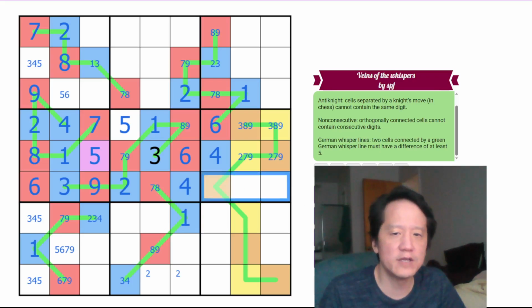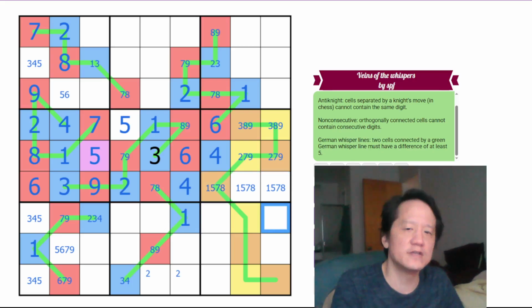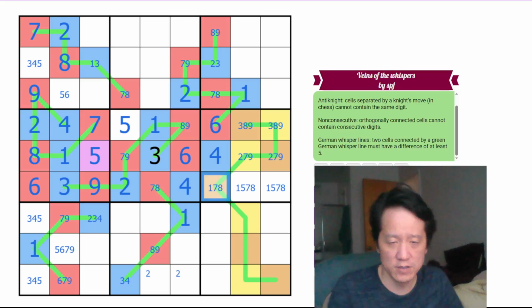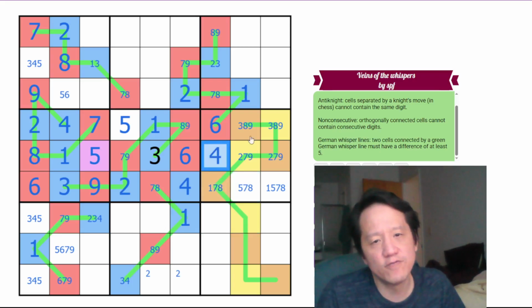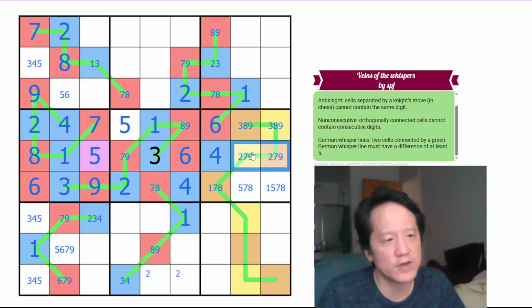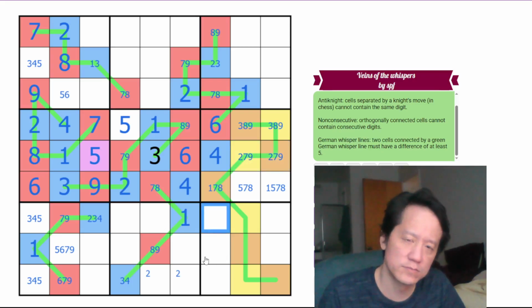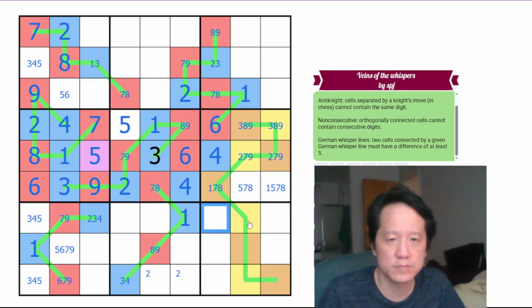We have remaining here 1, 5, 7, 8. Obviously, 5 cannot be on the German whisper line. This can't be 1. So these are still fine. Okay.